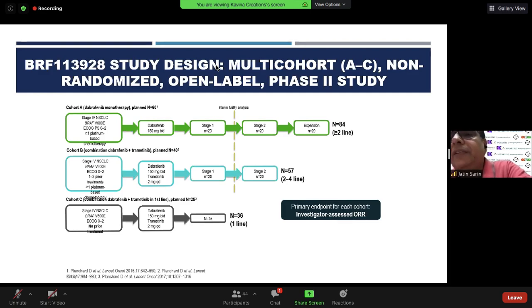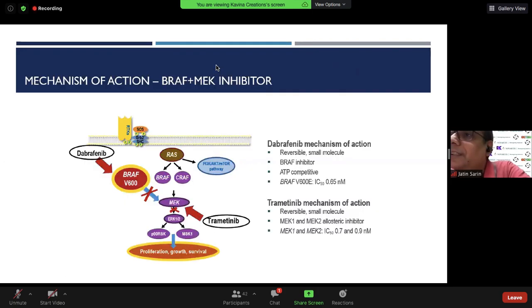And he very aptly said that this represents the past, present and future of usage of BRAF inhibitor. Next slide. Next slide, please.